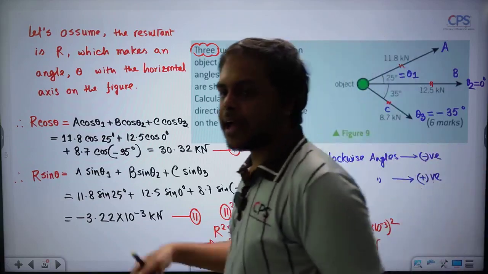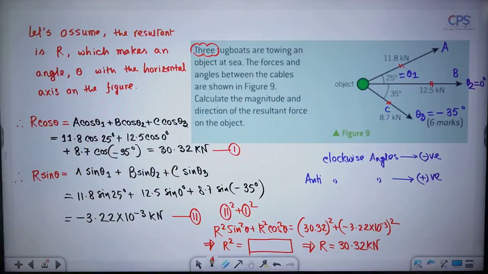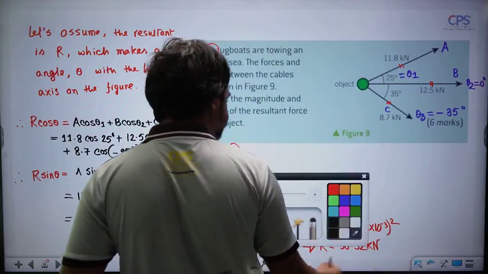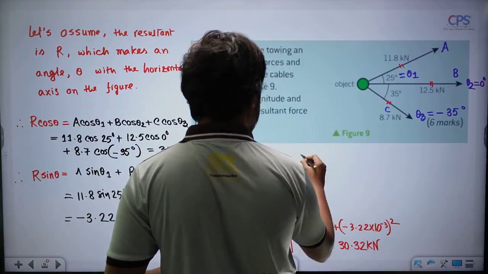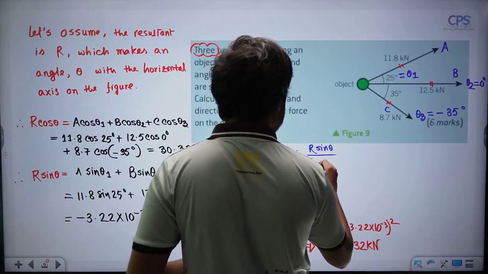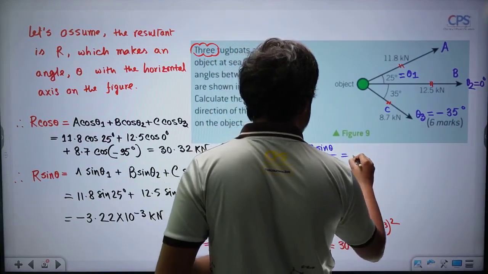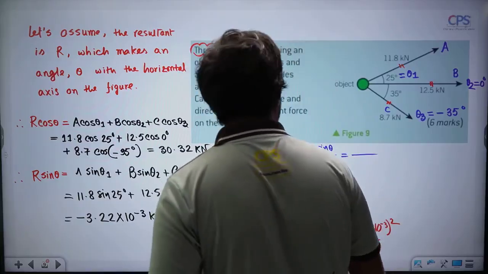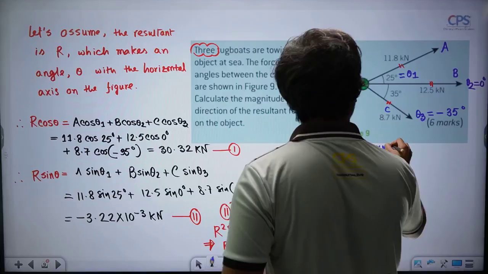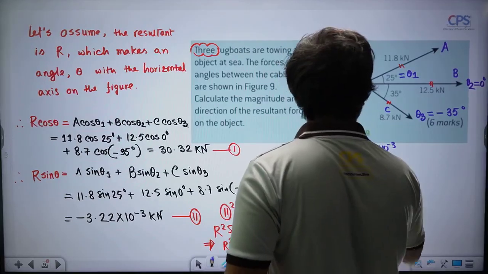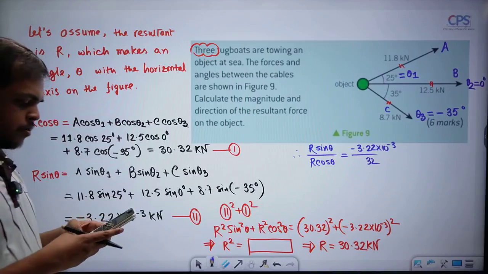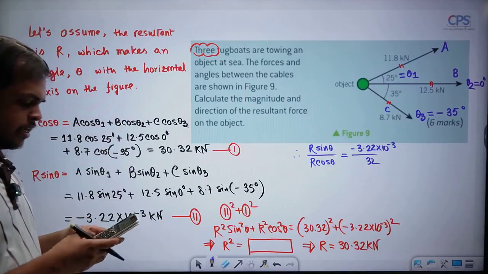So what about the angle? To get the angle, I'll just remove this. r sine theta by r cos theta equal to minus 3.22 into 10 to the power minus 3 divided by 32. So we'll get the tan theta here. So tan inverse minus 3.22 10 to the power minus 3 divided by 32.